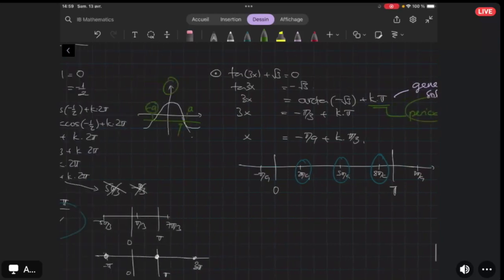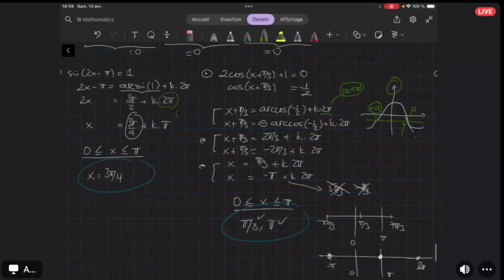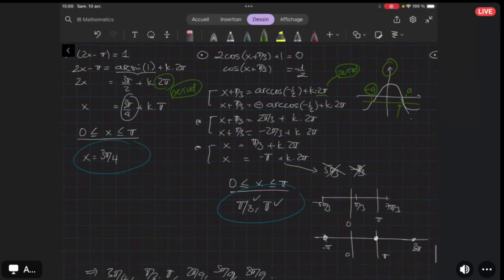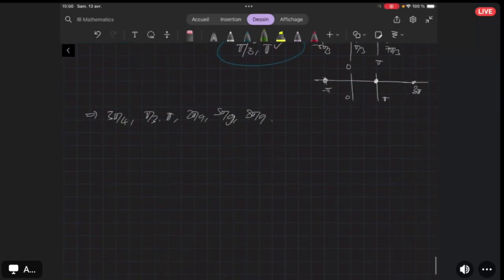So, same thing with k times 2 pi. 2 pi is a period of cosine. Same thing with k times 2 pi here. That's a period of sine. Yes, so you are literally moving along the curve, or going around the unit circle. Questions? Shall we move on to question 5?